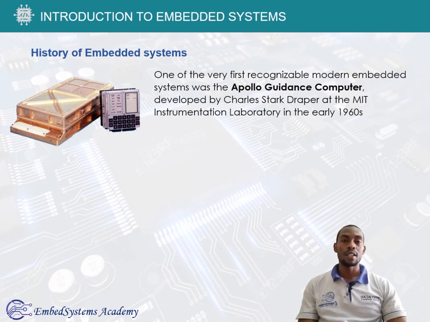This is one of the greatest milestones in embedded systems. It was developed in the early 1960s for the Apollo program by the MIT Instrumentation Lab. This was led by Charles Stark Draper in the MIT Instrumentation Lab.